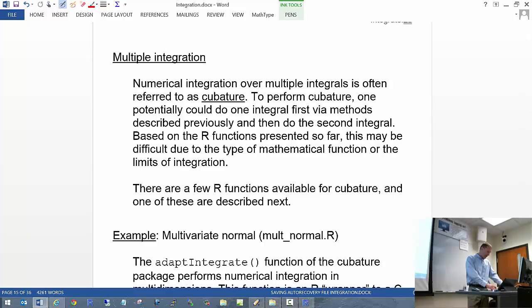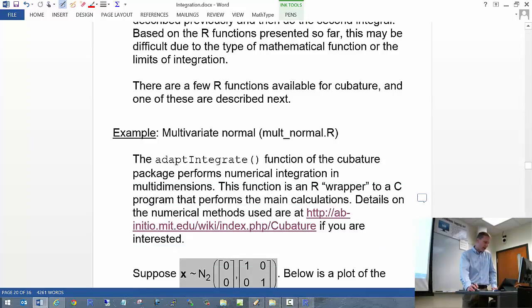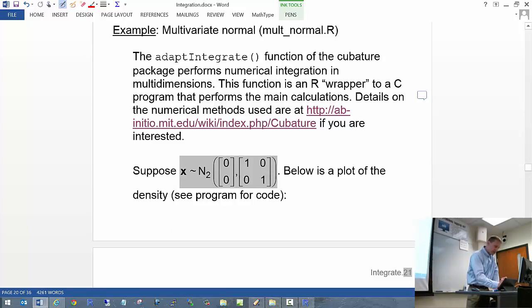Well, what about multiple integration? This is sometimes called cubature instead of quadrature. There are a few R functions out there that do multiple integration. In particular, there's one called adaptIntegrate.